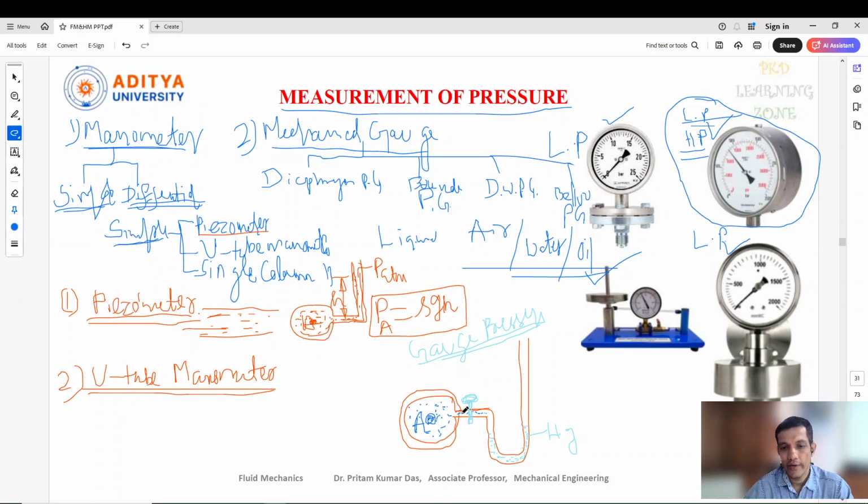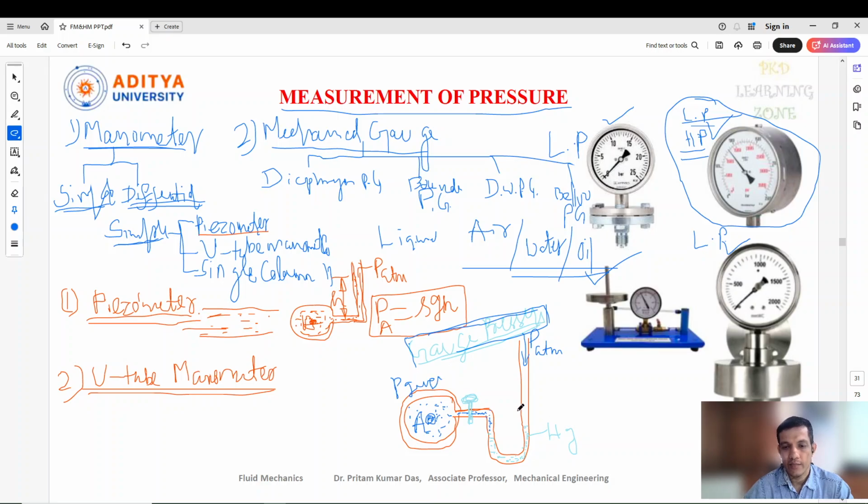This liquid will start flowing inside and will exert a pressure on the mercury, an impact pressure. The other end is open to the atmosphere, so we have atmospheric pressure there. The gas pressure is always more than the atmospheric pressure, and the pressure in this pipe is gas pressure.